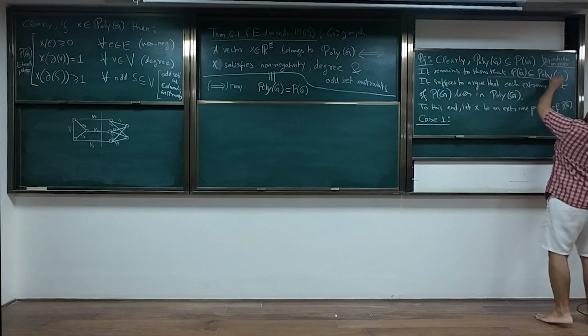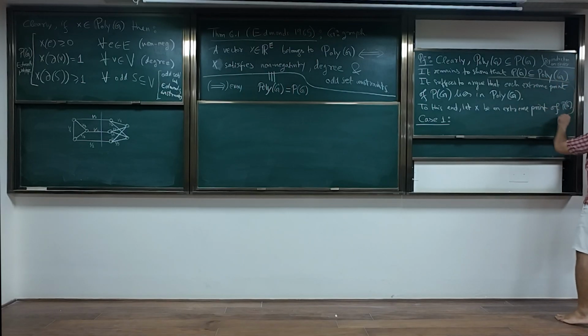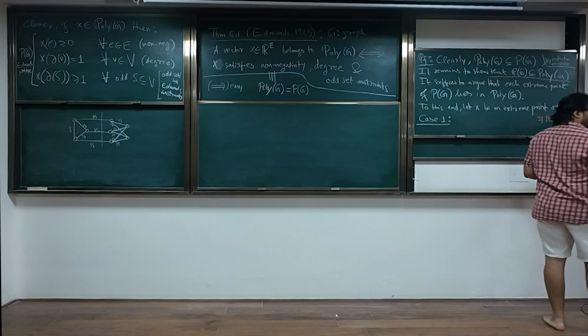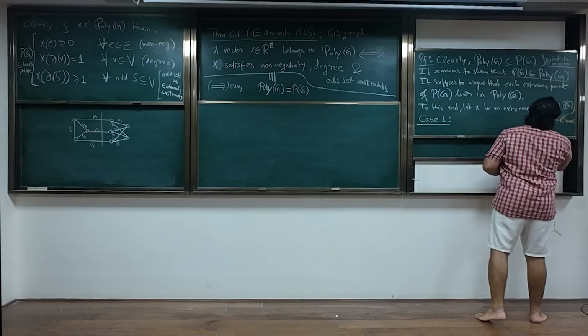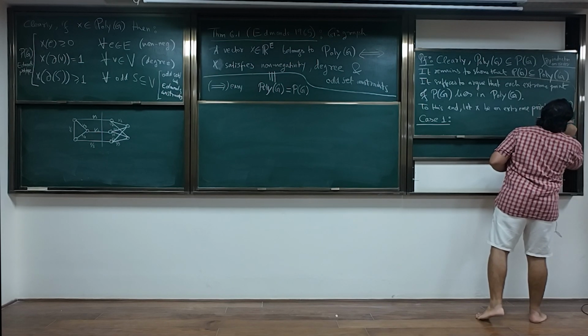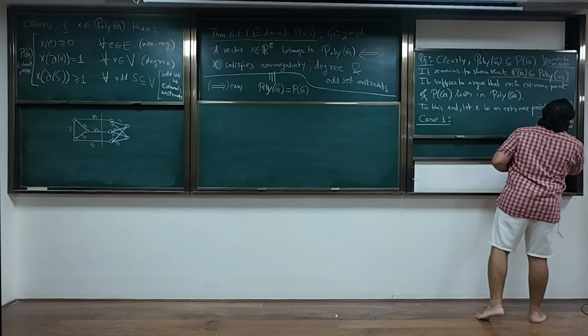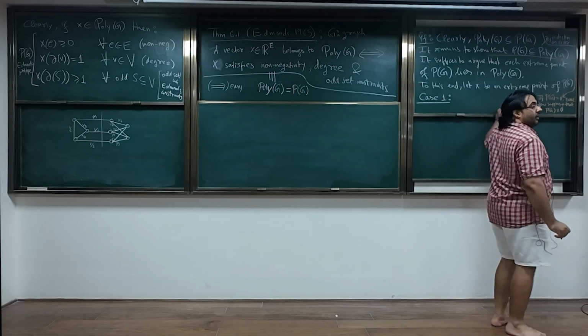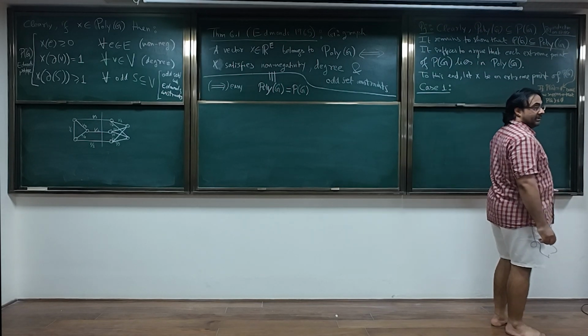This is what we want to show. If Edmonds polytope is empty, then we are done. Now suppose that Edmonds polytope is not empty. Argue that the graph has a perfect matching.